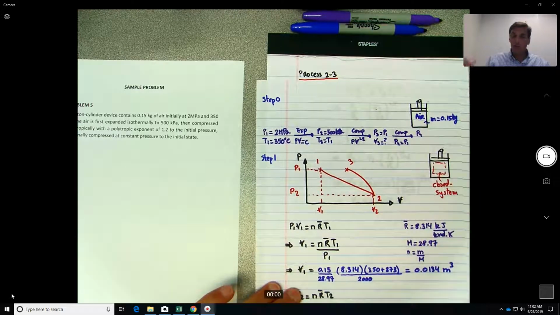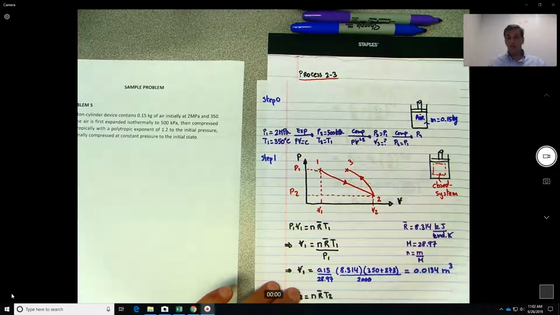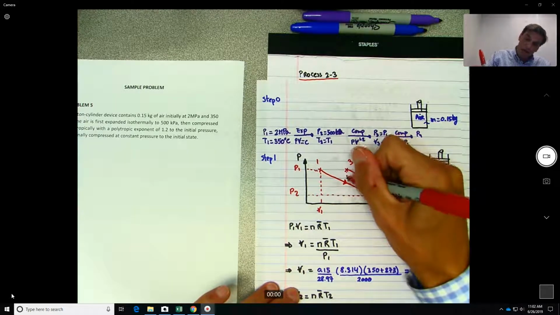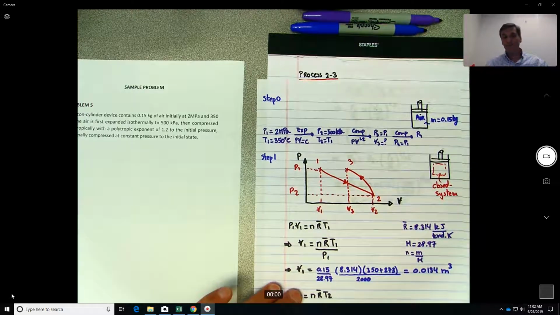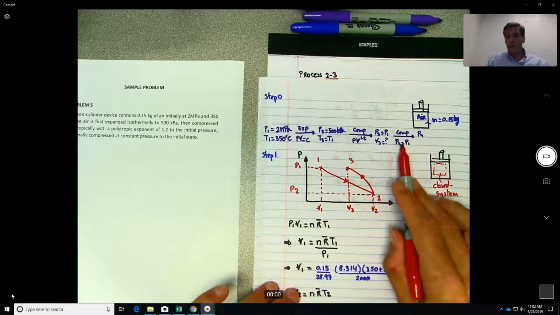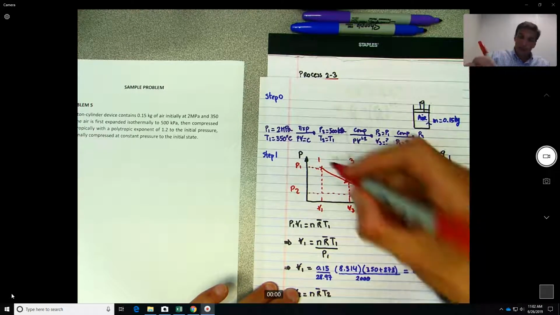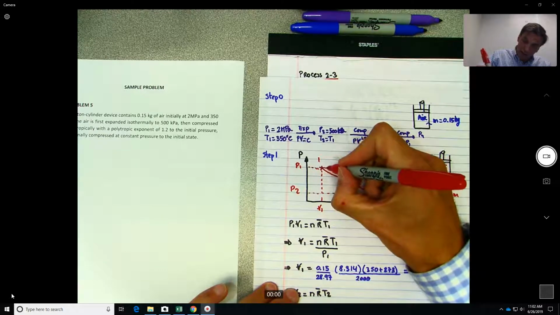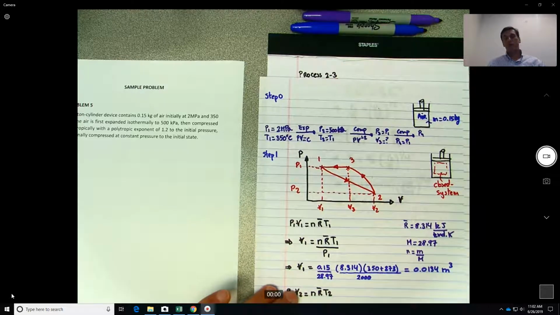Let's say I make it going this way, where V3 is the value we just calculated. And now the last one looks like it's easy. It's a compression again, and at constant pressure. So basically it means we just go through this line of constant pressure back to the initial state.